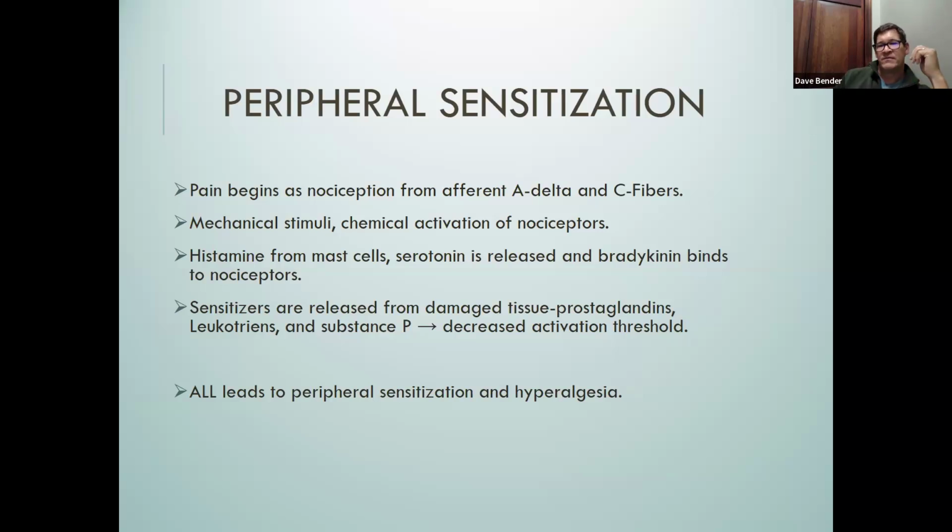So we could have stimulation directly of these A delta C fiber nerve endings with this secondary cascade of chemically activated nociception and chemically mediated pain. I think it's a good differentiation here, but if I contract the muscle, it can be sensitized and I'm getting increased pain input through there.